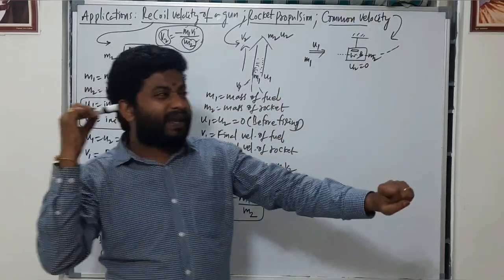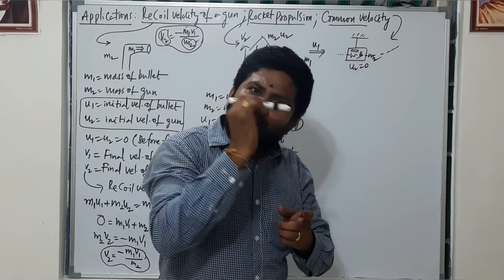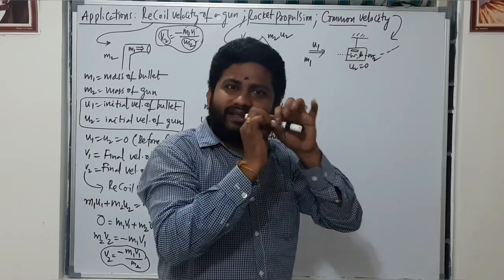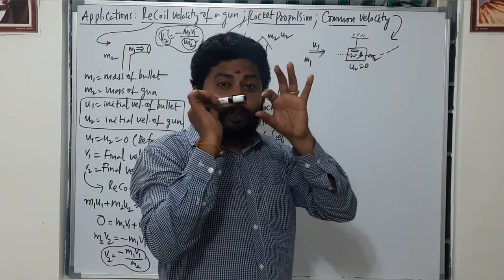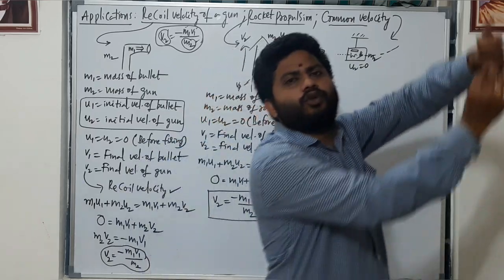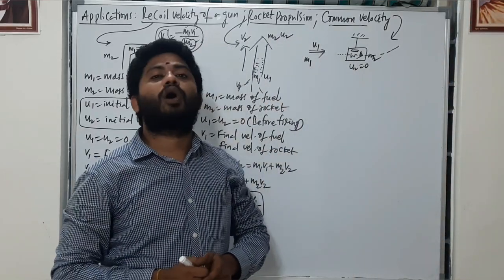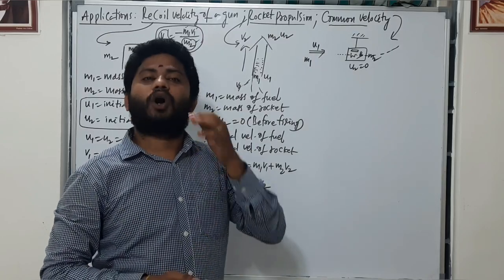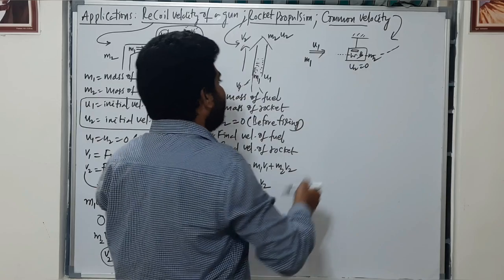When the bullet pierces inside the wooden block, for some time both bullet and wooden block, they are embedded together and move with some velocity. So that's called common velocity. In our easy understanding, let's start.